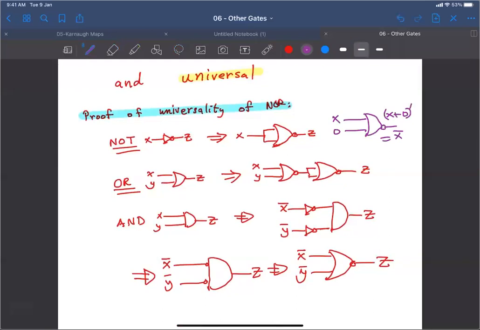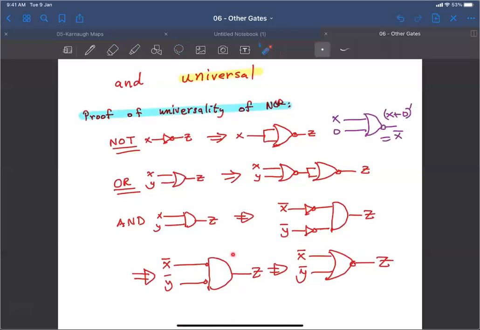OR can be implemented using NOR followed by an inverter, because this inverter cancels the bubble and you're left with only the pure OR. You can again use the same De Morgan's law to complement the inputs and put bubbles at the input of the AND gate.